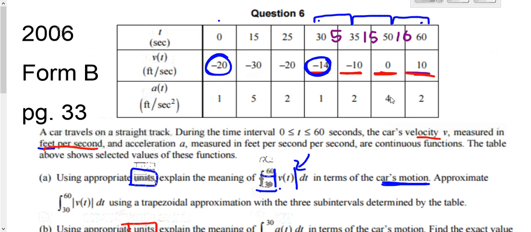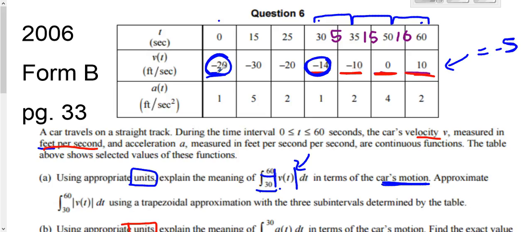Okay, well, let's think about this. Must there be a time when the velocity equals -5? Well, if we look at these values, we know that they're continuous. So if one of the values crosses over -5, we know it has to be in between there, and we're going to have to talk about what theorem that says.